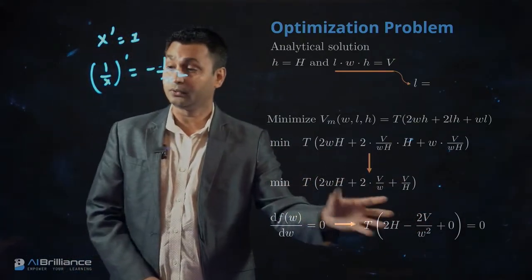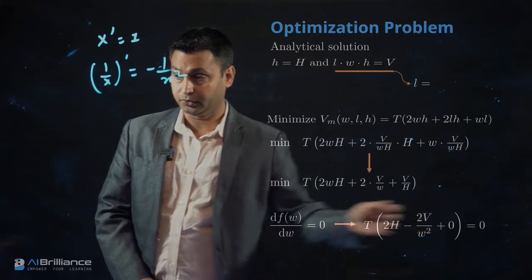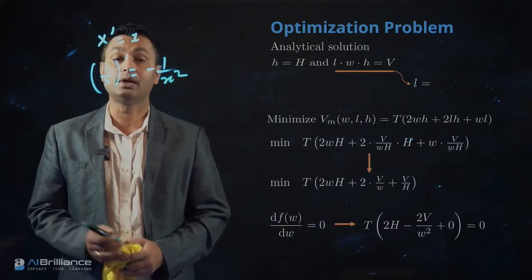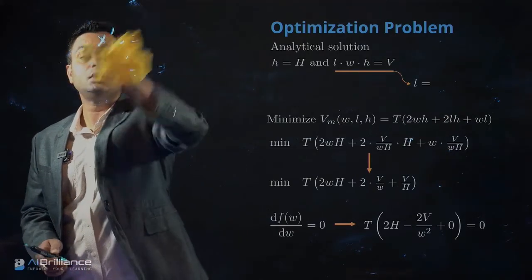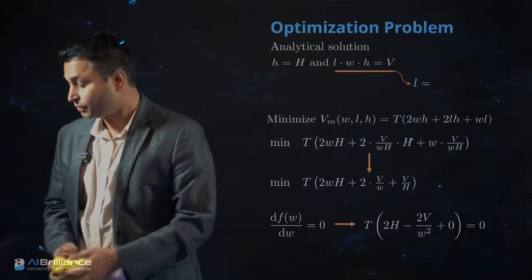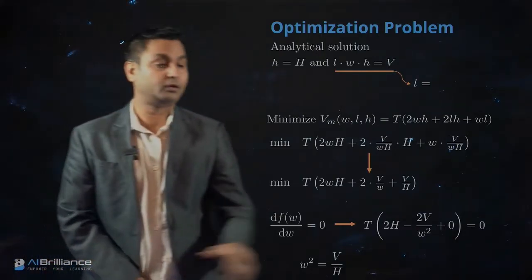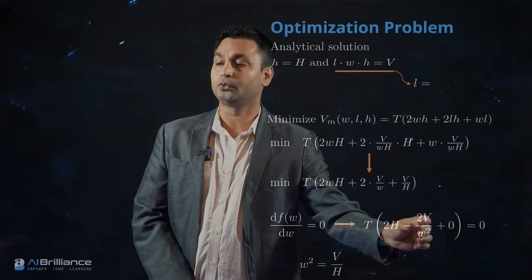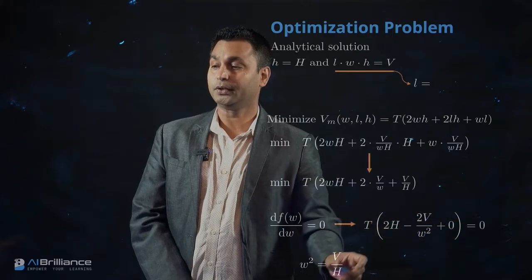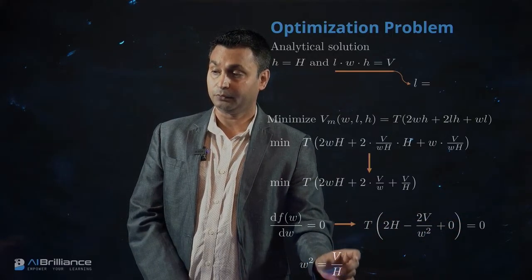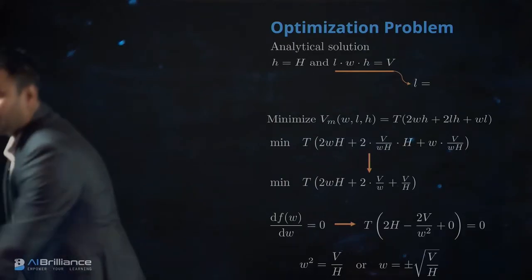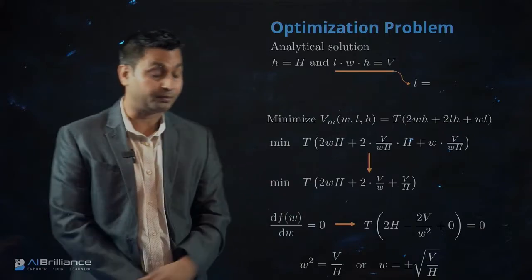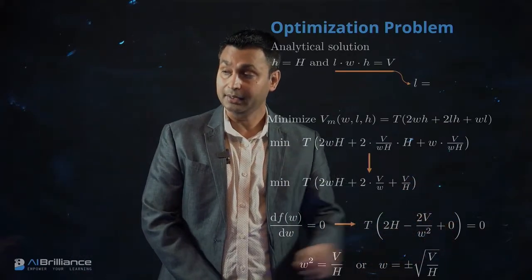So now this equation, or the derivative, has to be set equal to 0, and from there we can solve for w, and that will give me a solution where the material is going to be minimal or maximum. So let's go ahead and see. If I simplify this equation, you can see the t will go to 0, we will have 2h equal to 2v by w square, and from there we get that w square is equal to capital V by h, and from here we have the solution where w is equal to plus minus root over V by h.